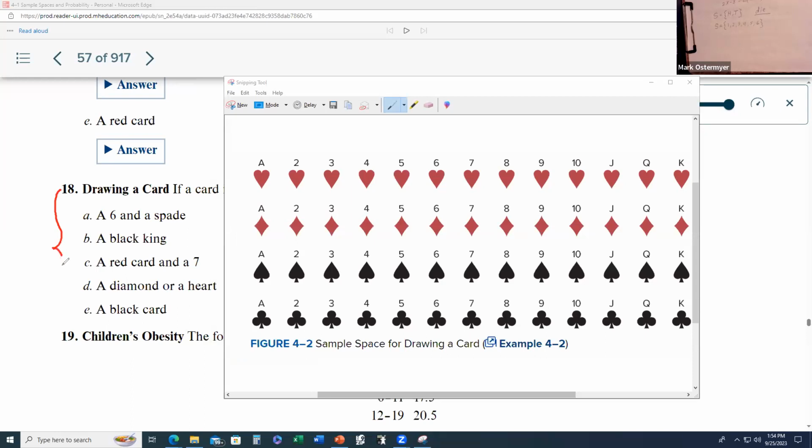Go ahead and do those problems there. I'll leave this diagram up here so you can see. All right, classwork number 2, 18A through E. We're assuming we're drawing one card from a randomized or well-shuffled deck.